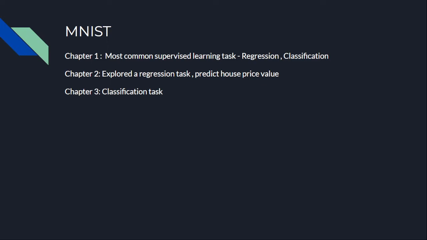In the first lesson we understood the generalized machine learning types, specifically regression and classification, and we already covered an end-to-end machine learning project on a regression type of problem, where we were focusing on predicting the house price value based on some input data.